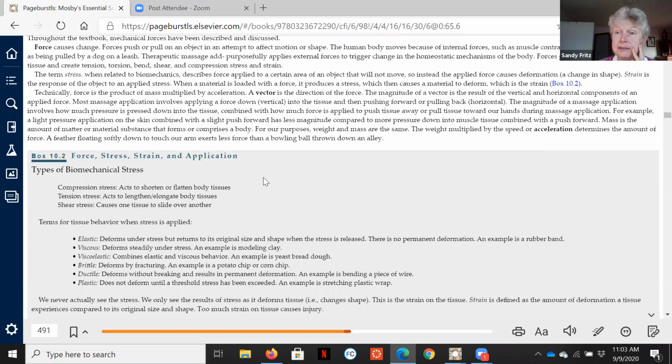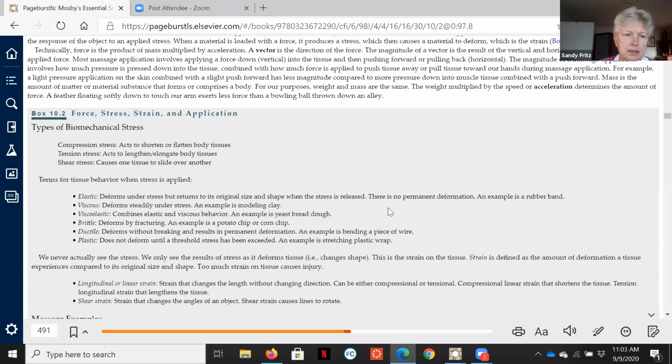And so we would see that in a ligament sprain or a muscle strain or a bone fracture, a contusion where the compressive stress becomes so much that the tissue breaks. So that's what this is right here. And there's some language that goes with it. Let me bring this up a little bit so I can see it.